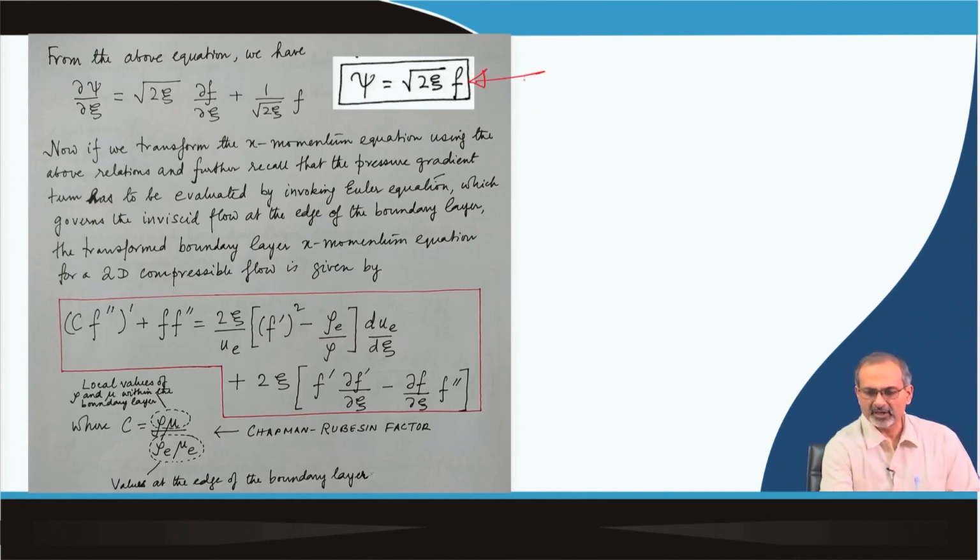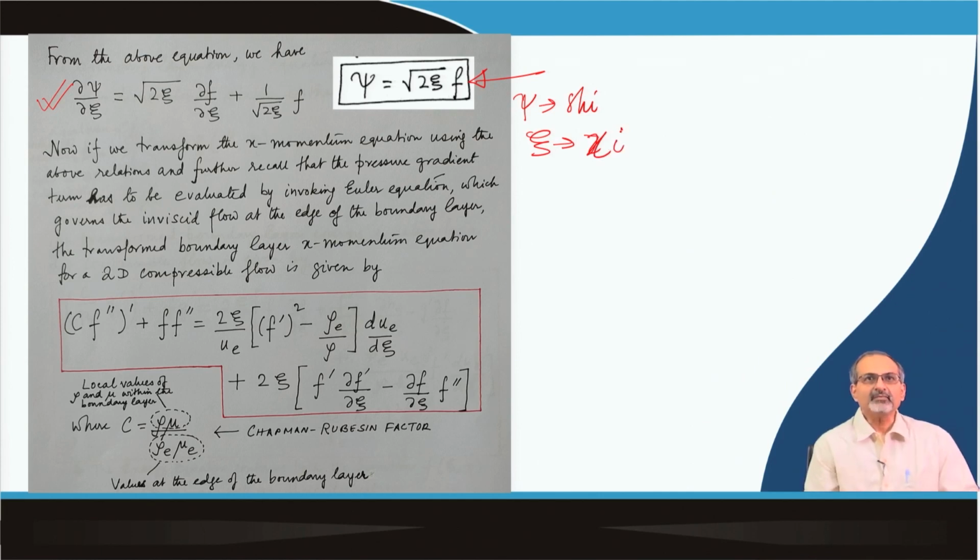So, here you have psi in terms of under root 2 xi times f, and now if you take a derivative of psi, which is the stream function, you get a form like this.